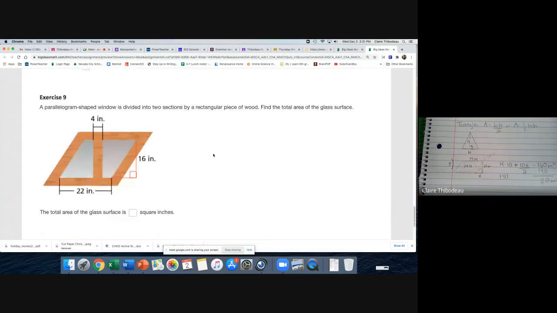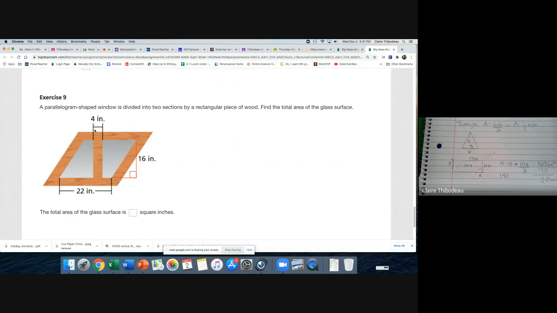So number 9 says a parallelogram shaped window is divided into 2 sections by a rectangular piece of wood. Find the total area of the glass surface. So what we're essentially going to be doing is taking the distance between the 2 glass pieces and eliminating it.